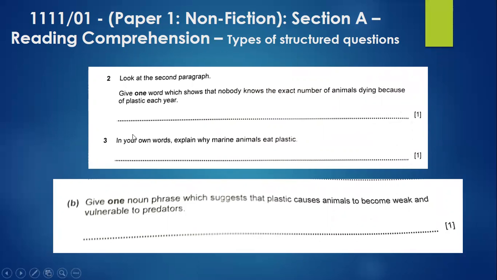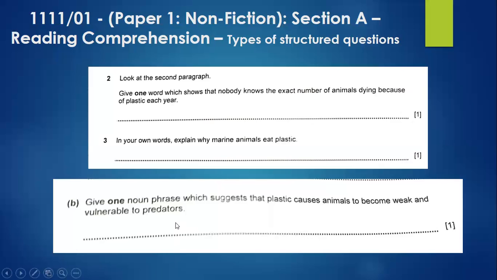Okay, since the question says in your own words, therefore please try to avoid taking word by word from the passage and use your own words. This is one way of us knowing that you have understood the passage when you write the answers down in your own words.